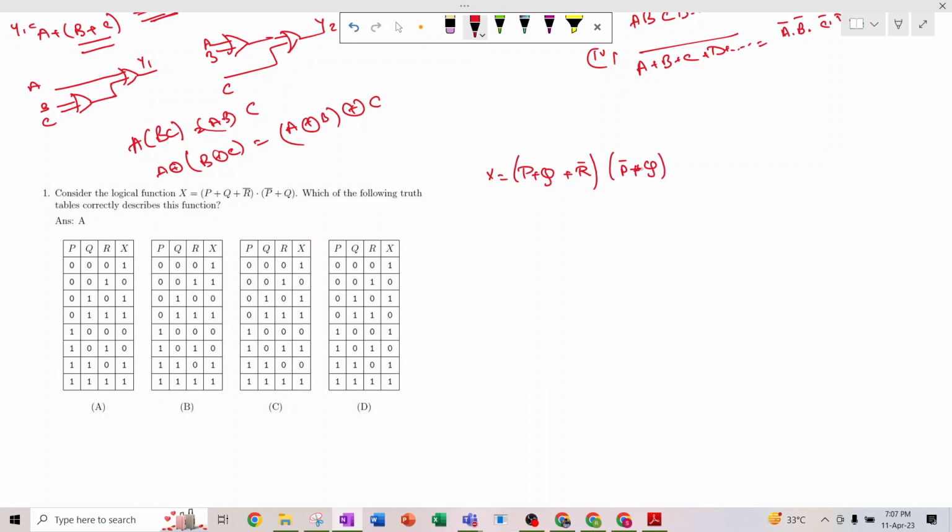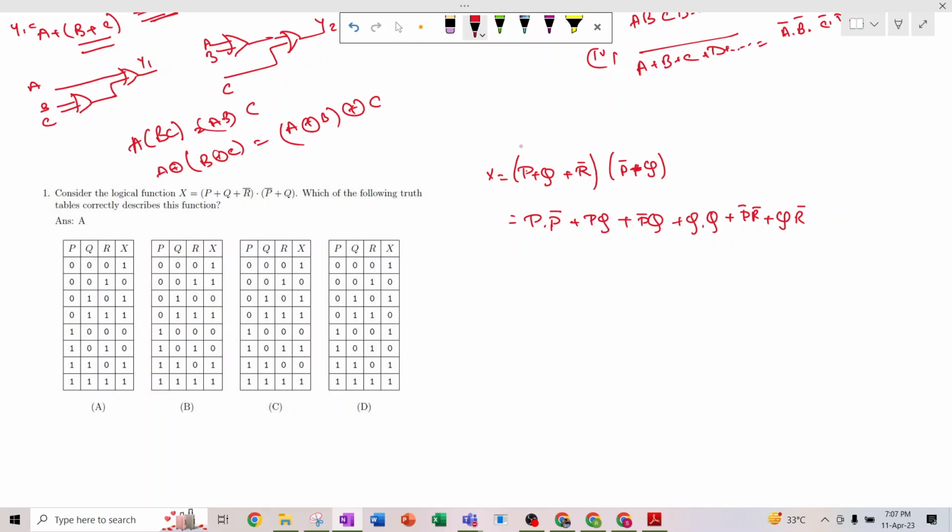If we multiply this, p multiplied with p bar gives p into p bar, plus p into q, plus q into p bar, which means p bar into q, plus q into q, plus p bar into r bar, plus q into r bar.